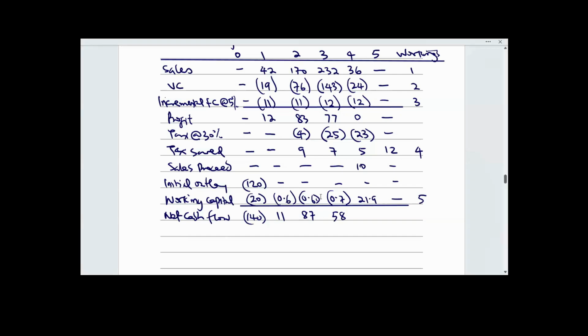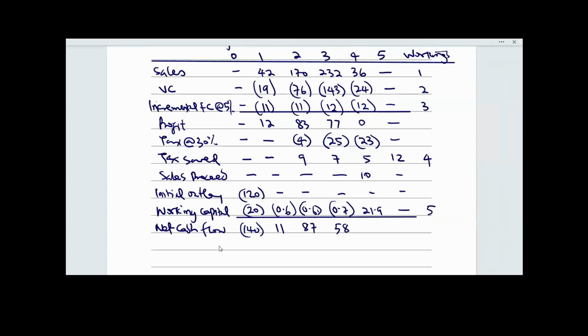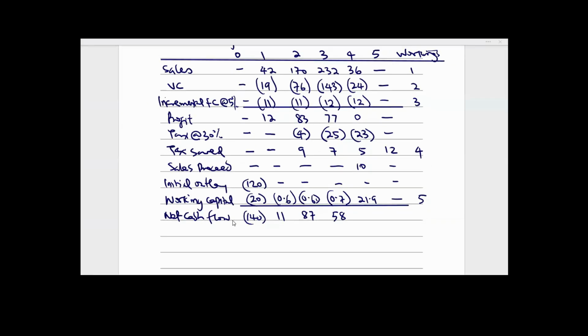Then year 4, 23 minus 23 plus 15 plus 21.9 equals 13.9, round it to 14. Then here is 12. That's it.